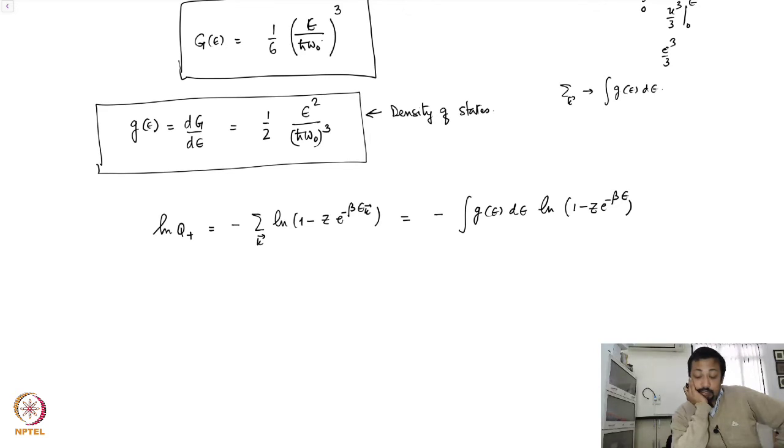Now remember, we also have to separate out the ground state, that is the half h bar omega.